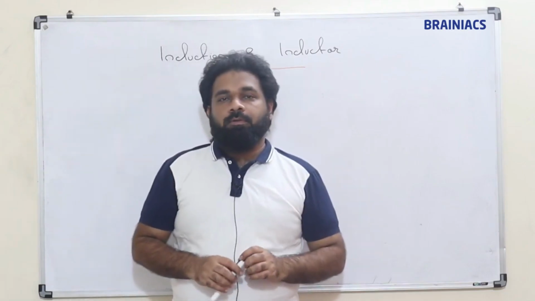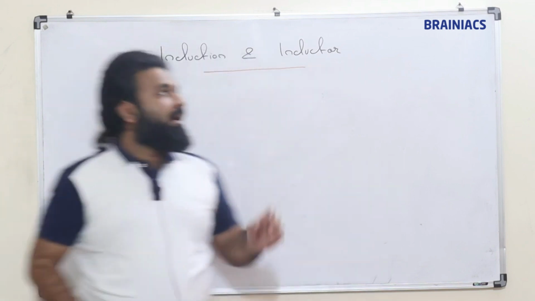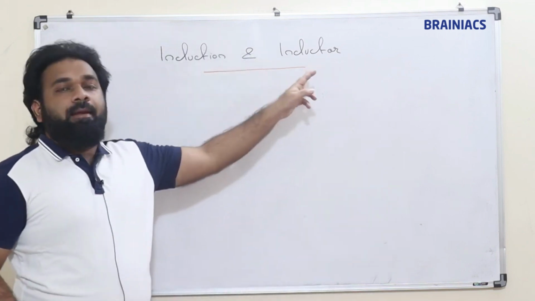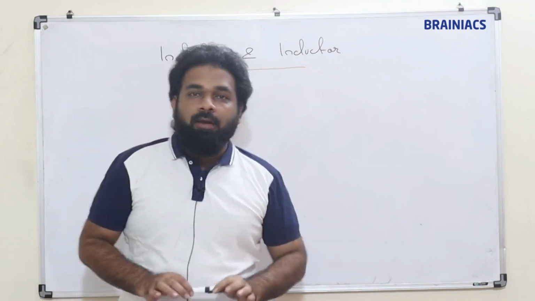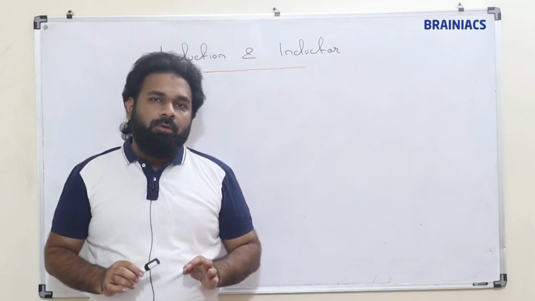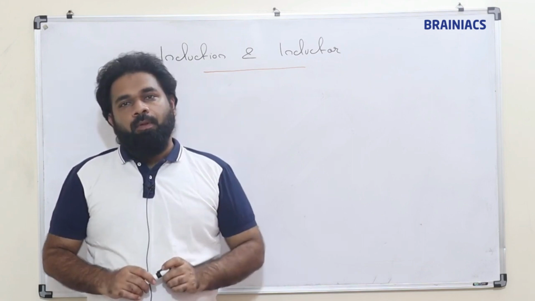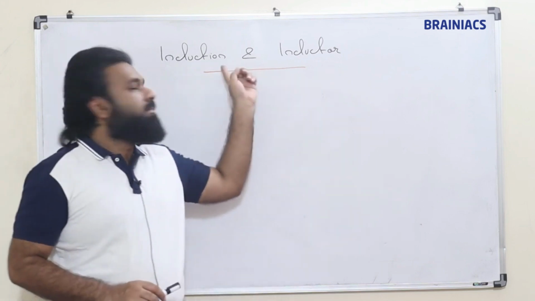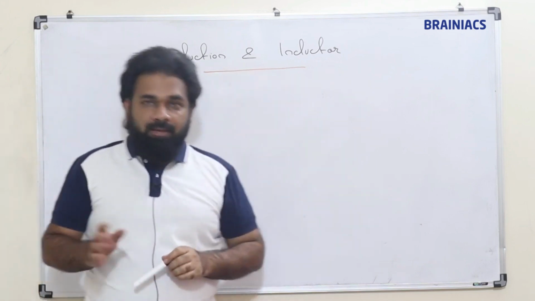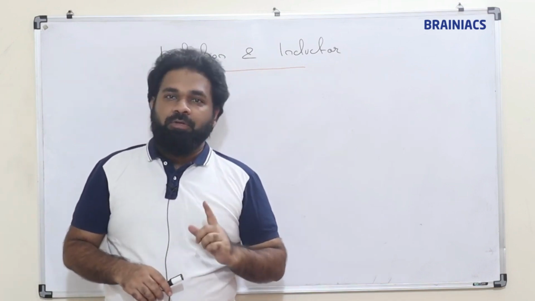Hello students, so in this session today we are going to study about induction and inductor. In electromagnetic induction we have discussed a lot about the induced current, induced EMF, and the direction of induced EMF and induced current.